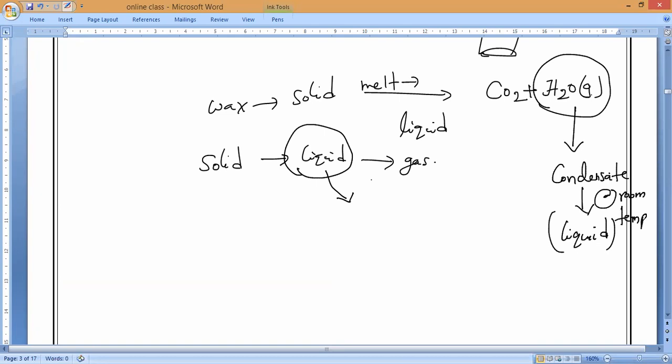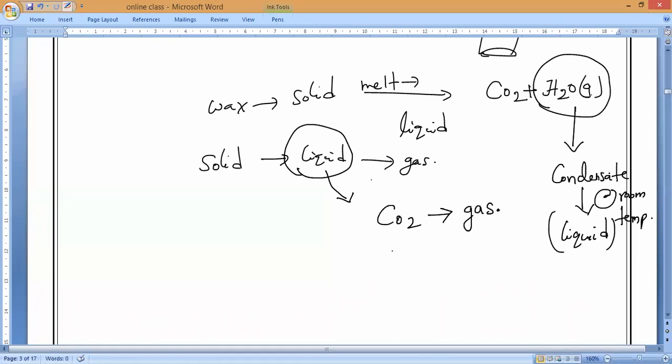If you decrease the temperature, the water vapor will convert into liquid water at room temperature. The carbon dioxide produced, CO2, what is its state? Gas state.